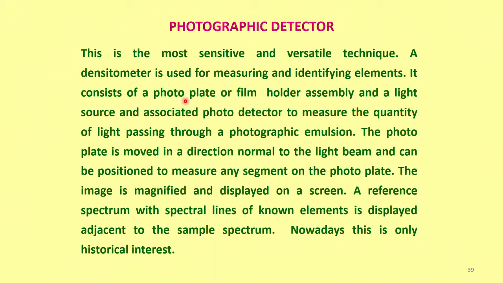is concerned. That is the topic of our discussion, but I have to tell you that this is the most sensitive and versatile technique, that is the photographic detector. You will also have some sort of a recorder, a record of the whole system if you use a photographic plate.